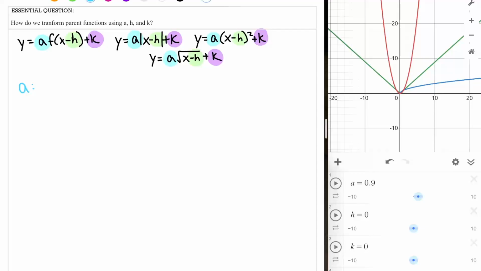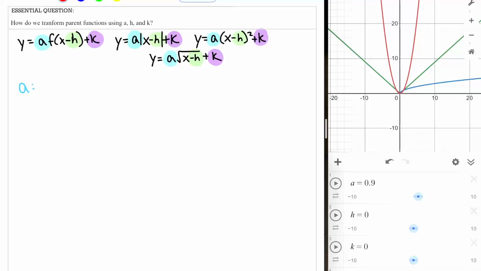This is going to be some number, positive or negative, that is being multiplied before the function is doing something to x. In this one, we're doing absolute value of x. Here we're taking the square root of x. Here we're squaring x. You could do cube root. You could do rational equations. So really, f of x could be anything. But let's look at the a value.